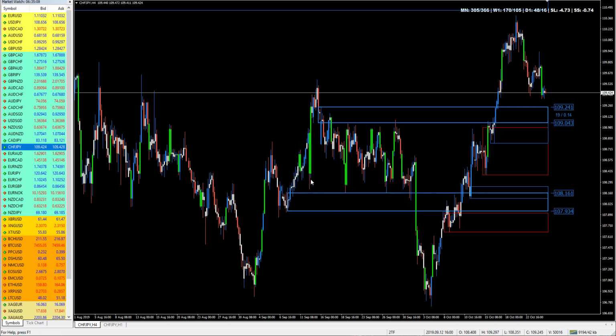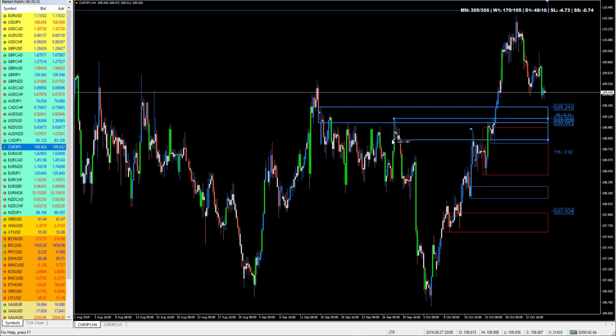Now this one's gone. What does that mean? Then you have to identify the origin of the move that moved through this area of demand. The origin of this move is the top. So this is the area that we can expect price to bounce at in the future.